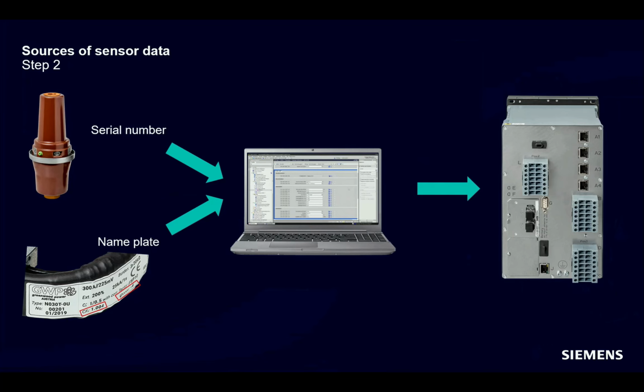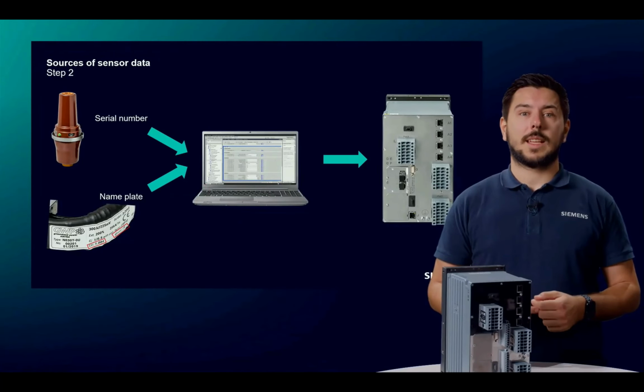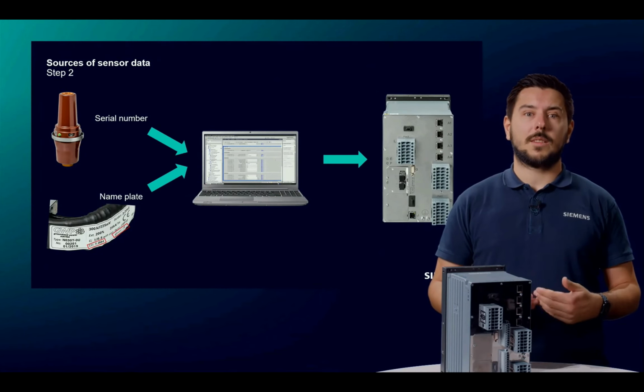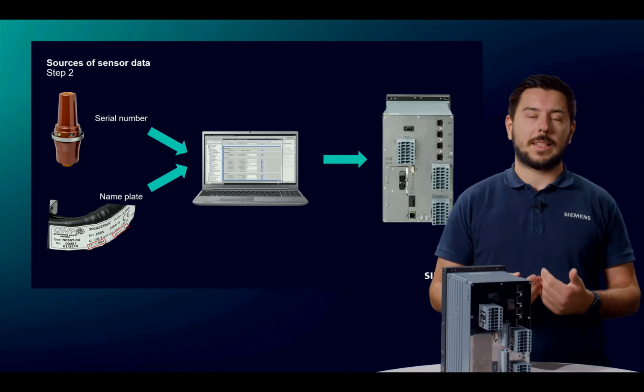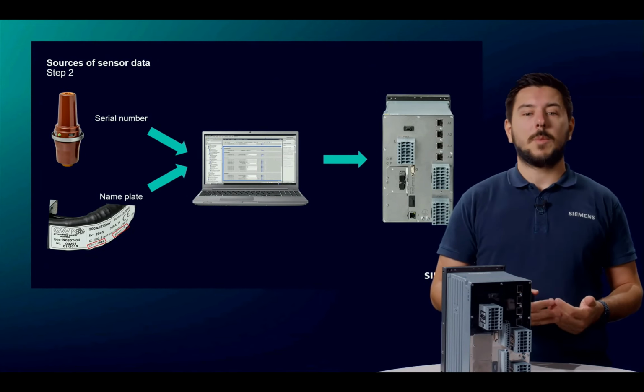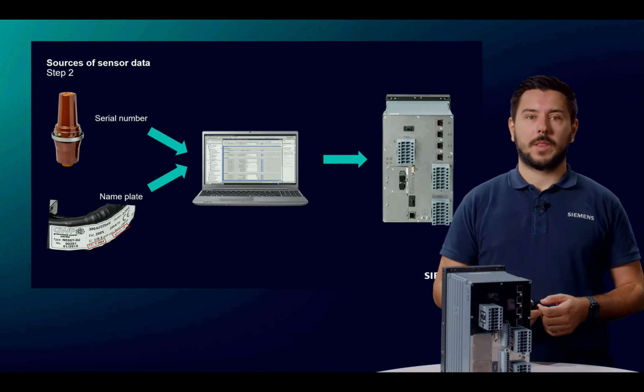If correction factors are specified for the sensor, then the manufacturer and type can be pre-selected in DIXI, and the correction factors are taken over from the nameplate, similar to what you see here in the picture, and all sensor parameters are set then. As soon as the sensor data is complete and the rest of the parameter set is complete, it can be transferred to the device.